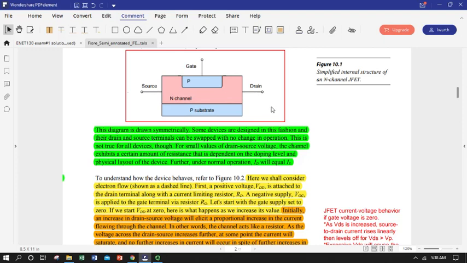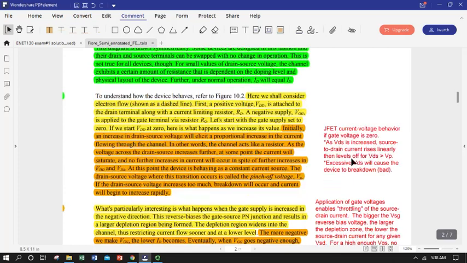So there's going to be negligible resistance to current flow. As it turns out, it's not going to act exactly like a resistor over all source to drain voltage ranges. We'll get to that a bit later, but generally speaking, it's not like the double junction of a BJT between the emitter and collector, where if we don't apply a current to the base, it's open. The JFET is default open.